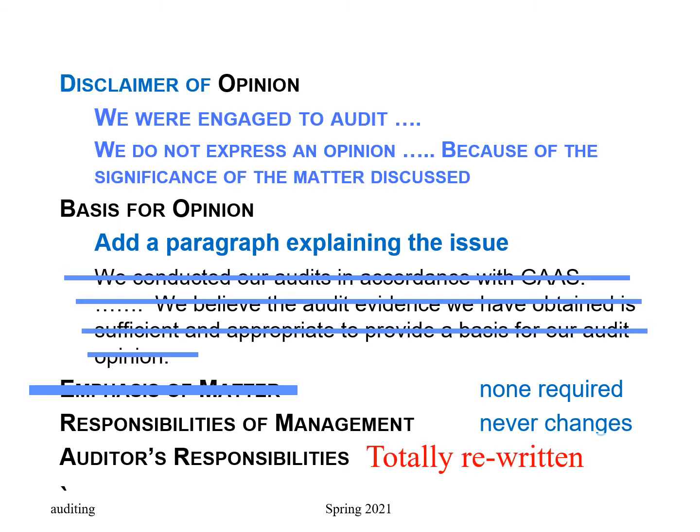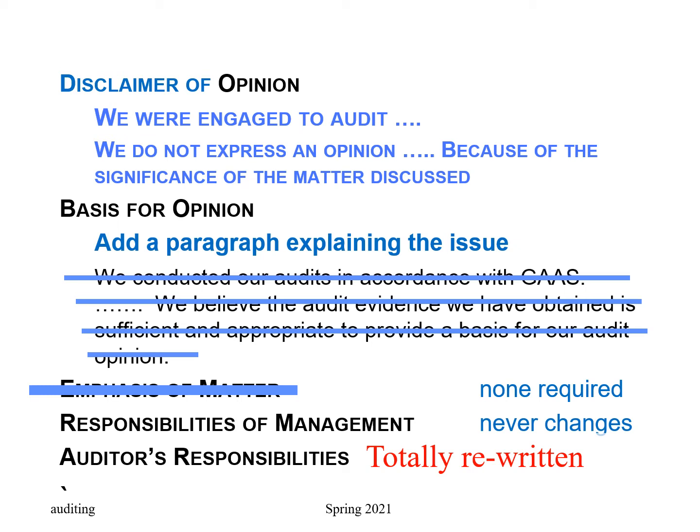If it's hugely material and significant, we might issue a disclaimer of opinion. There, the first paragraph would be changed to say we were engaged to audit. Second paragraph, we do not express an opinion because of the significance of the matter discussed in the basis for opinion paragraph.